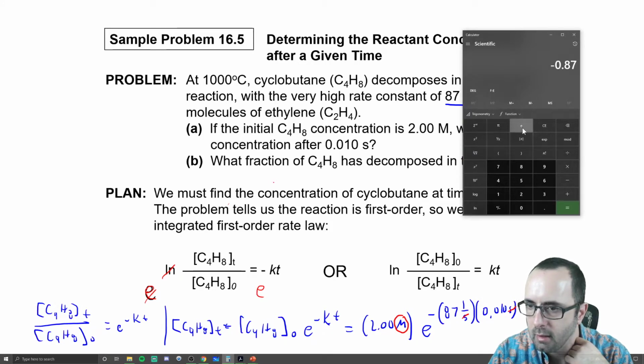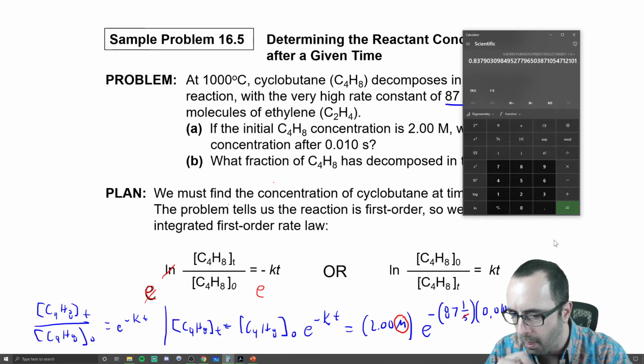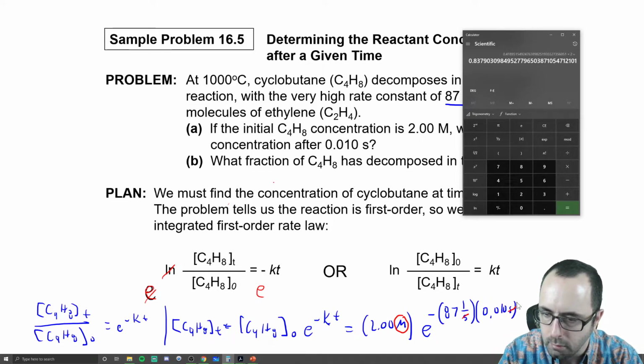Where's my e? So e to the power of 0.87, make that negative, and I get 0.418. Now I'm going to multiply that times 2, and I get 0.837. Okay. Or 0.838, I suppose. So my concentration, and that's molarities.